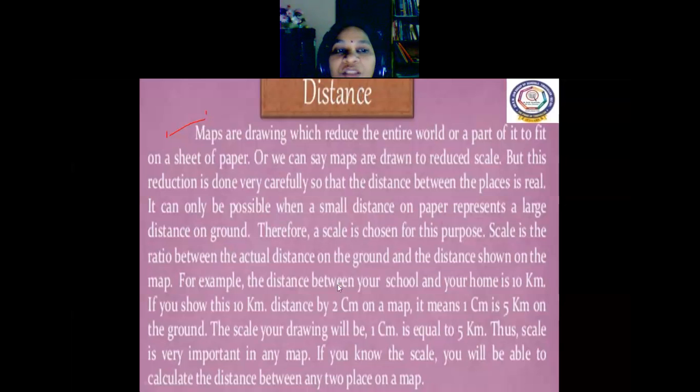If you show this 10 kilometer distance by 2 centimeters on a map, then 2 centimeters is equal to 10 kilometers. Thus, scale is very important in any map. If you know the scale, you will be able to calculate the distance between any two places on a map.